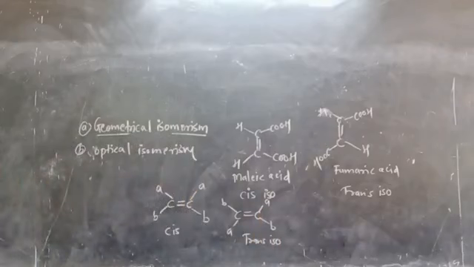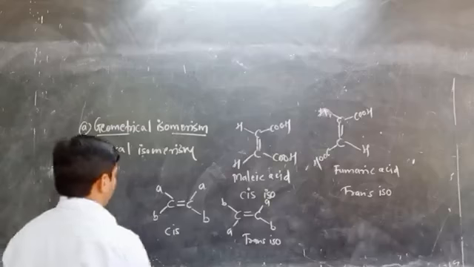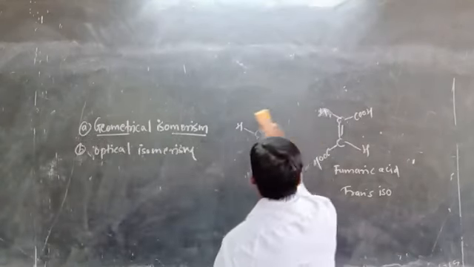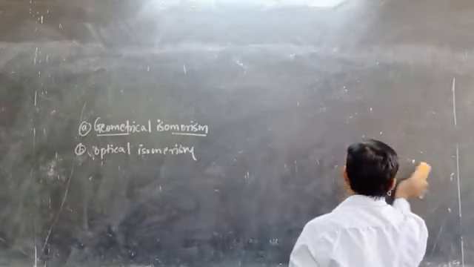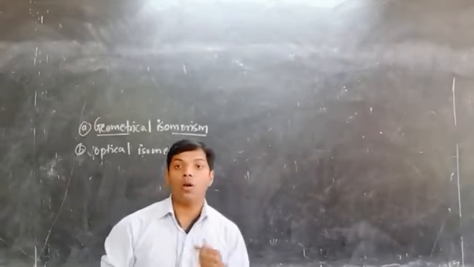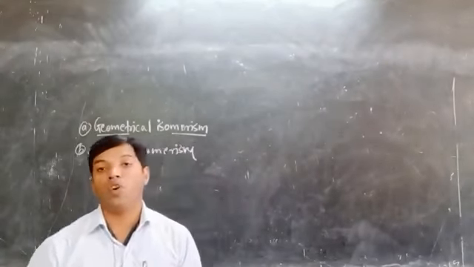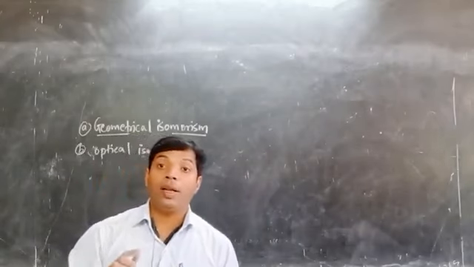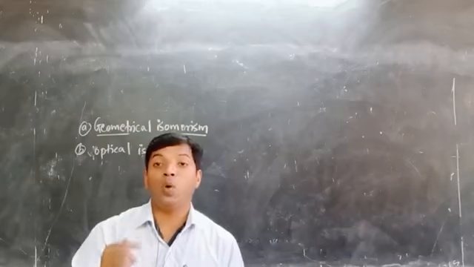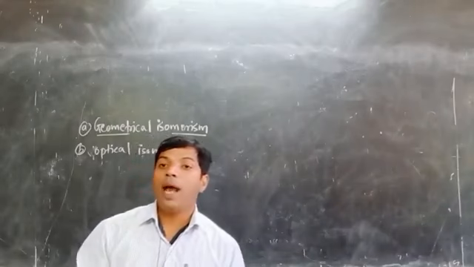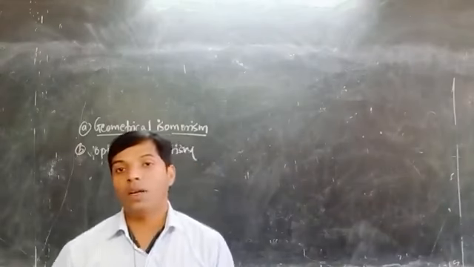Next we will discuss optical isomerism. Optical isomerism is somehow related to light. What do you mean by optical isomerism? When two or more compounds have the same molecular formula, but they differ in the direction of rotation of plane polarized light, they are called optical isomers, and the phenomenon is called optical isomerism.